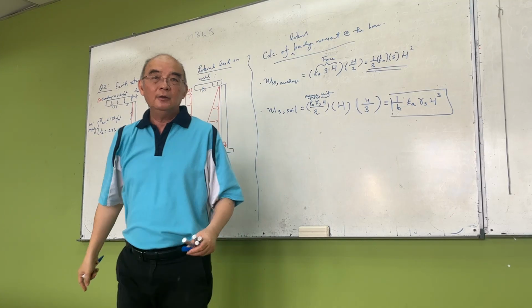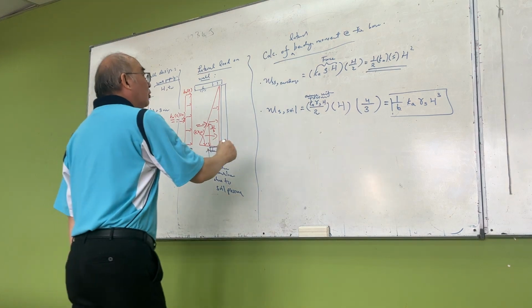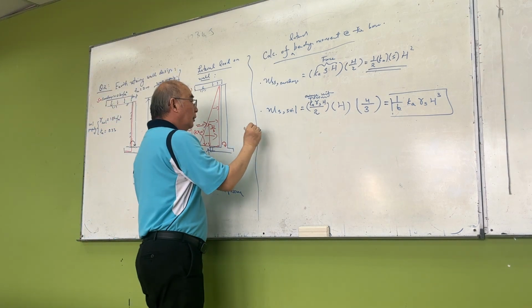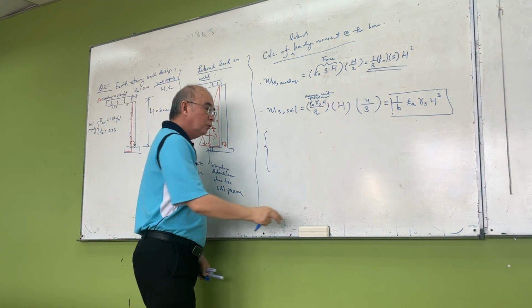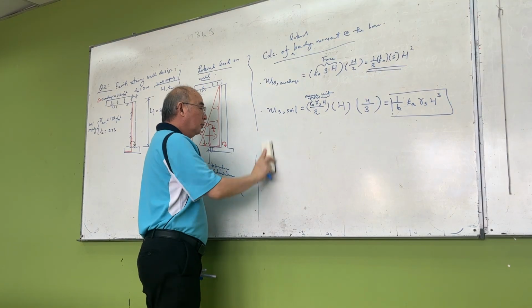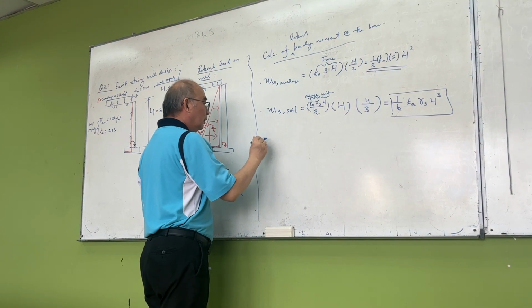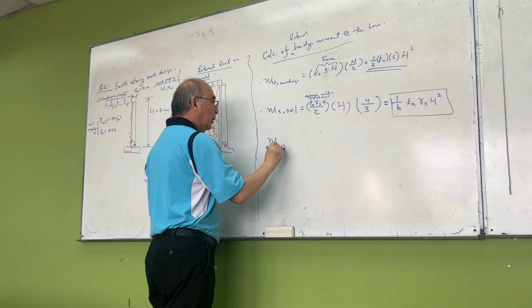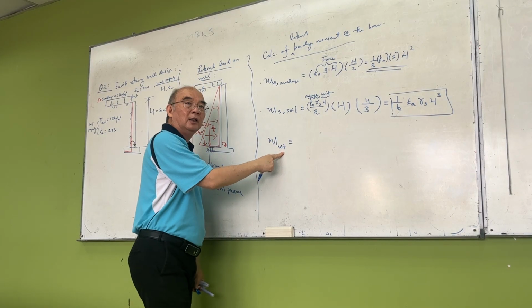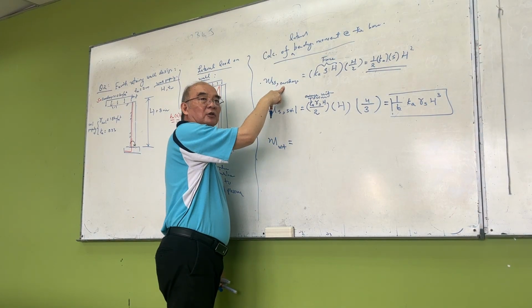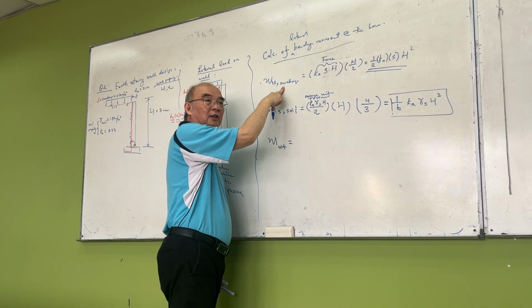Understand? Okay? Now, this is a service load moment, right? In the design, we need to do the ultimate load moment, right? So ultimate load moment, M ultimate, is the service load moment multiplied by the load factor.